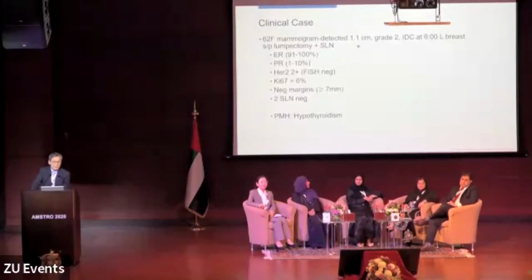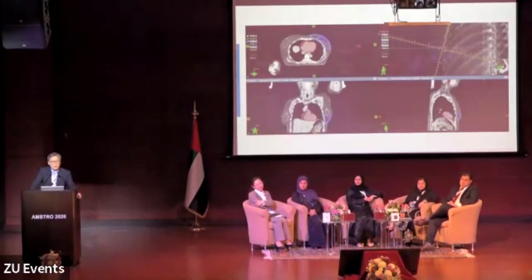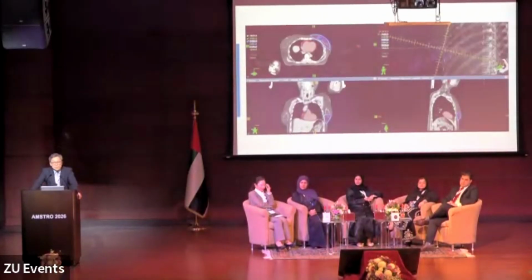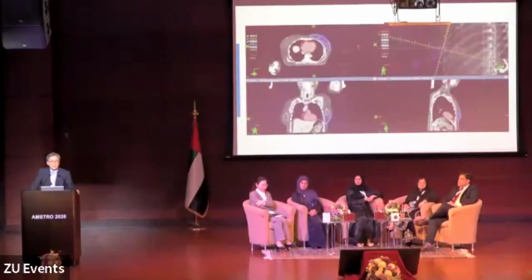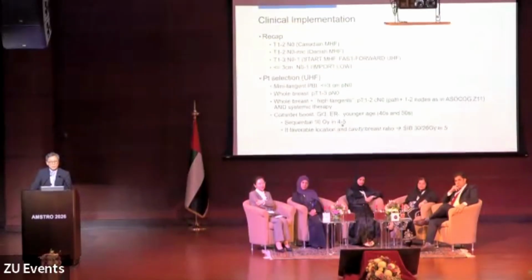The location was, again, at the 6 o'clock position of the left breast, which was near the heart. We did do the breath hold simulation, but she was not a great breath holder. And even with the breath hold, the heart was right there. We can use IMRT or VMAT, partial breast technique, or an oncoplanar beam arrangement, but they will sometimes dose possibly into the heart or the lungs. So we did use the IMPORT LOW technique as you see here, and just treat the lower part of the breast, and she tolerated treatment really well.